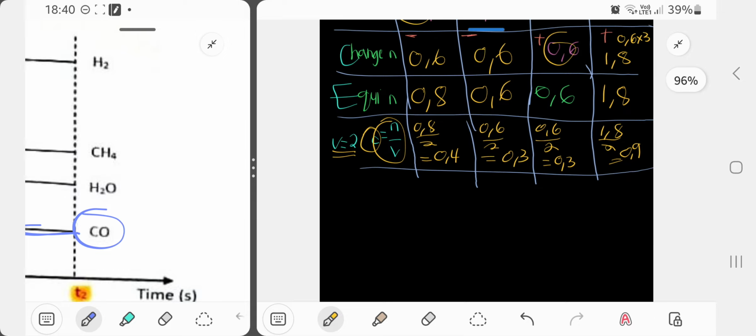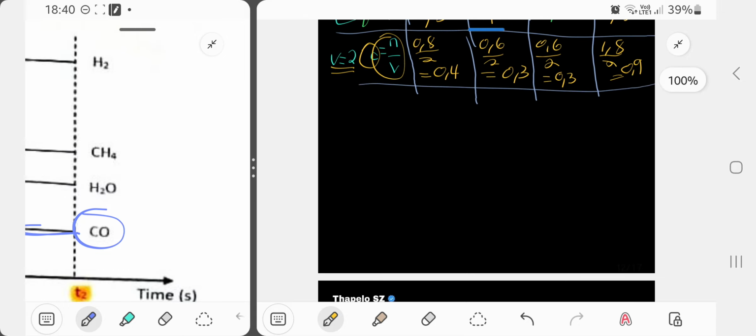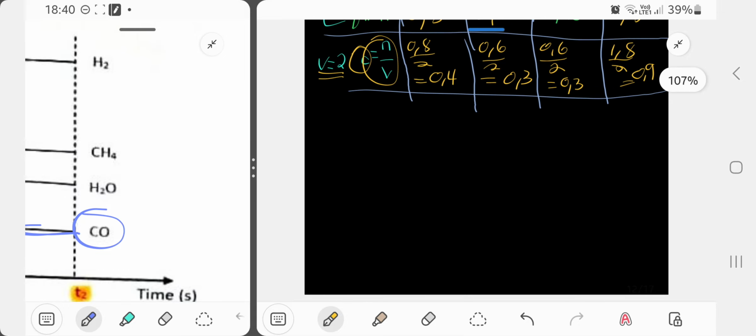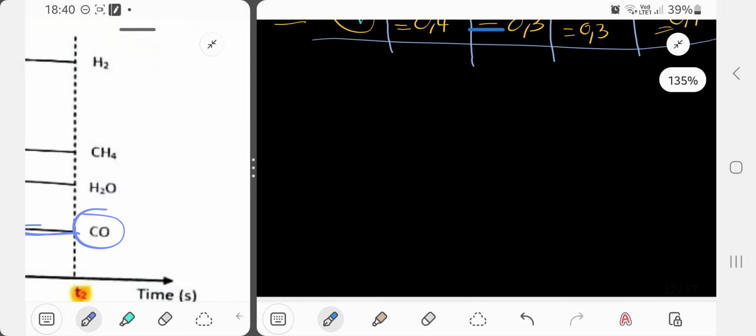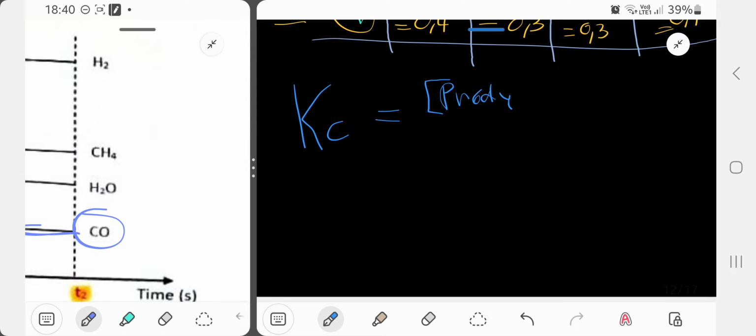And then now that we have the table filled in, we can definitely find what they're looking for, which is the Kc value. So remember that Kc is equal to the concentration of the products over the concentration of the reactants.